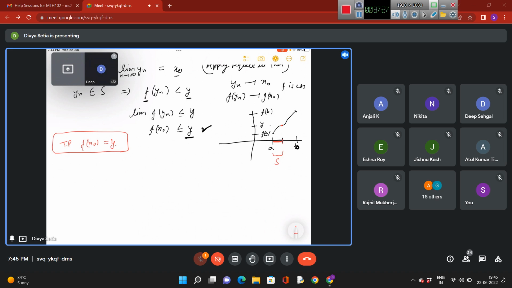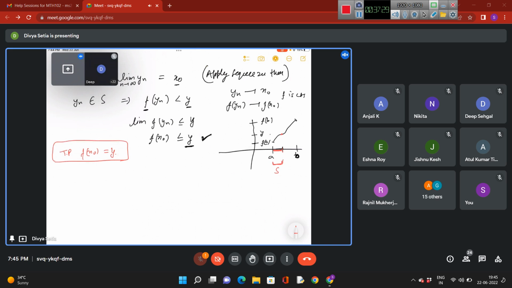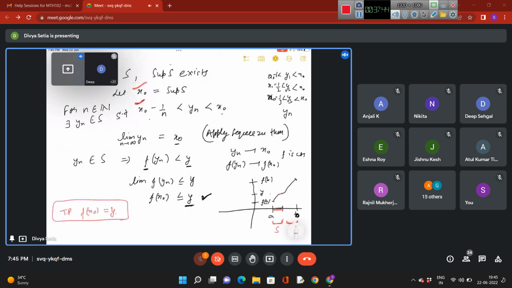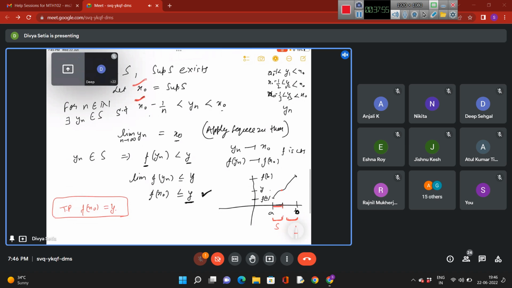The same way that you did here, right? Now you will construct a set here. Not a set, there's some other manipulation, but you'll also try to invoke the same argument that will create some sequence. But this time you'll create some sequence as x naught plus something, and you'll apply the squeeze lemma again.